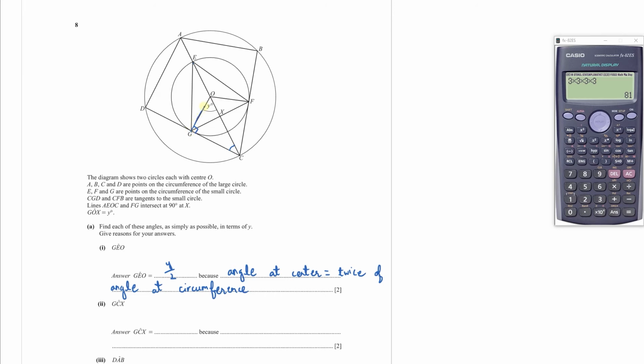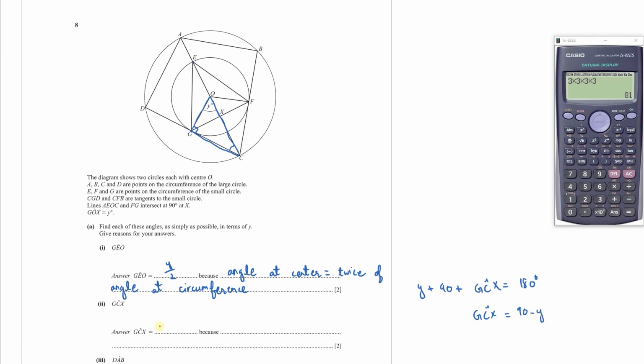If I look at this triangle GOC, I can easily find this angle. I know this is 90 degrees, this is y, and the three angles sum to 180 degrees. So y plus 90 plus GCX equals 180 degrees. Then GCX is 180 minus 90, which is 90, and bringing the y over, it is 90 minus y.